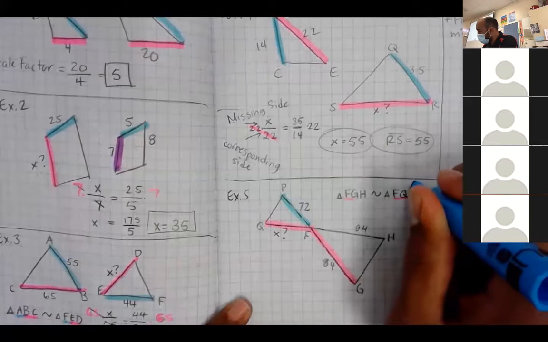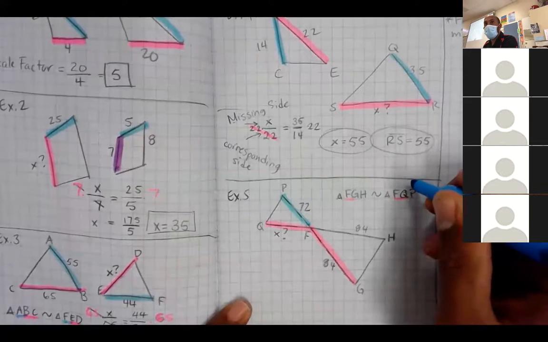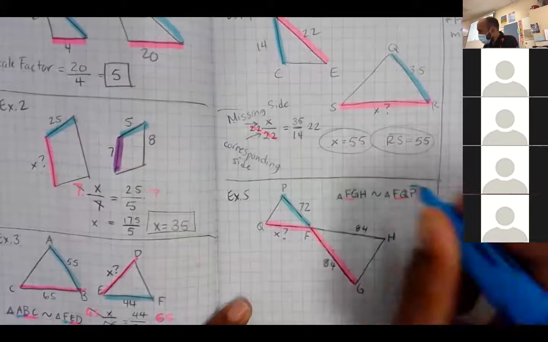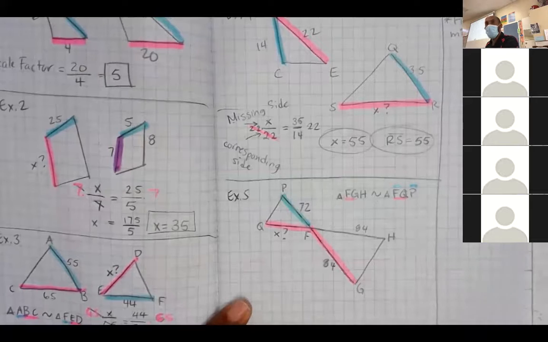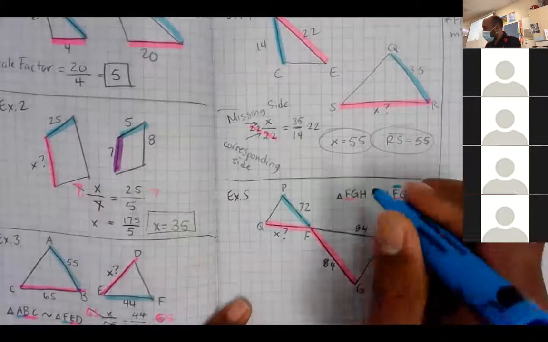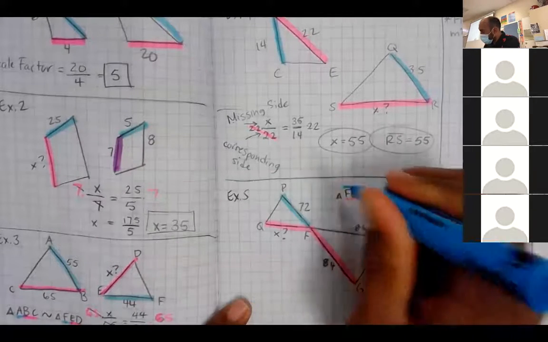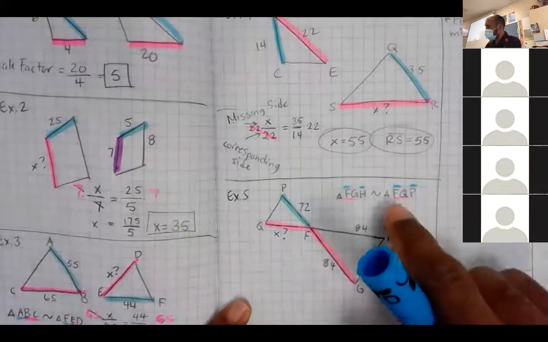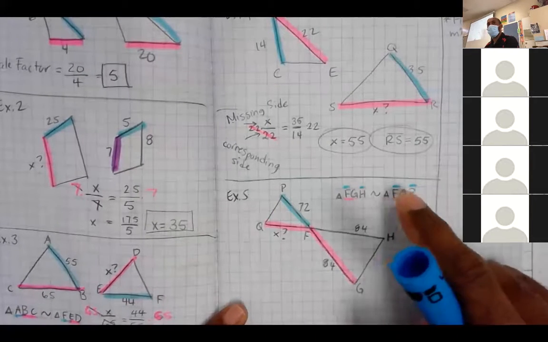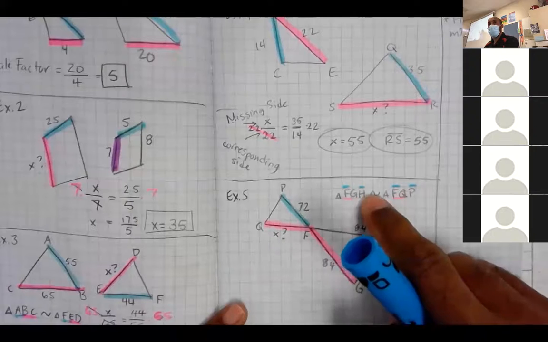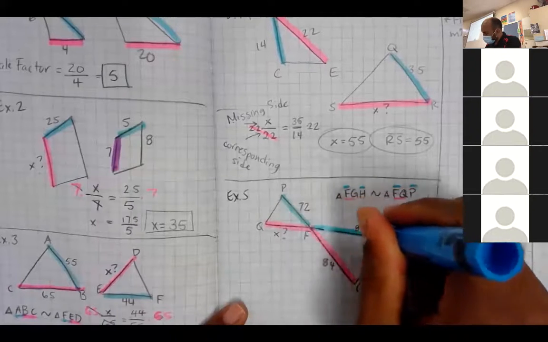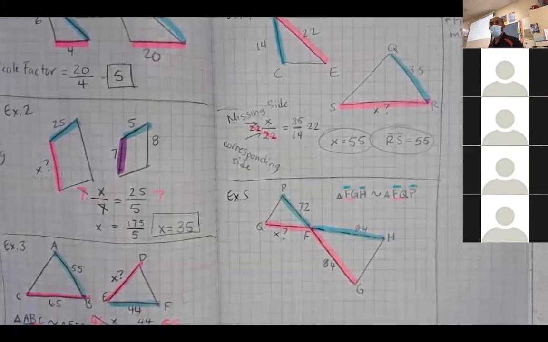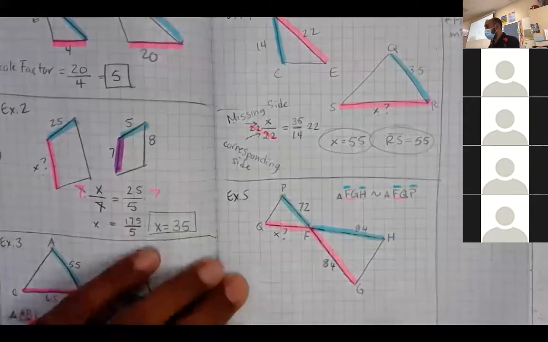PF, which is, if you notice, the P is over here and the F is over here. Okay, so that means that H and the F are the corresponding side, because it's the first and the last letter here, and it's the first and the last letter here. So those two sides correspond. So we'll use that to set this up.